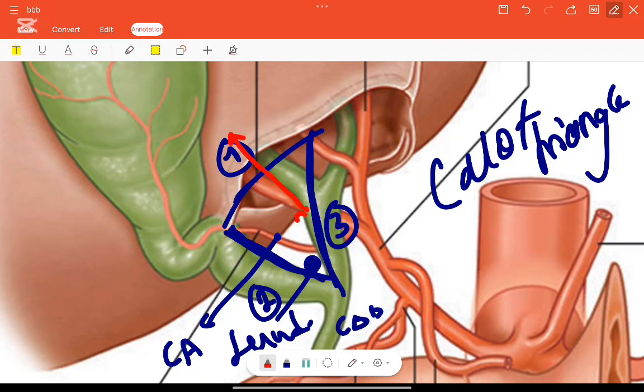Instead of moving directly like this, it just comes here and then moves up. This situation means that intraoperatively you may mistake it for cystic artery. Since it's very near, you may mistake it for cystic artery and ligate it.